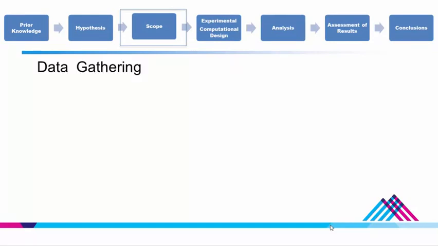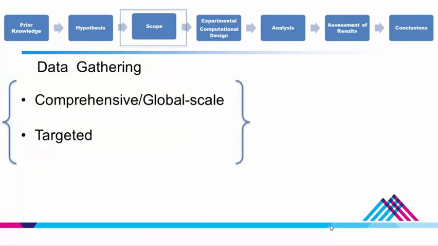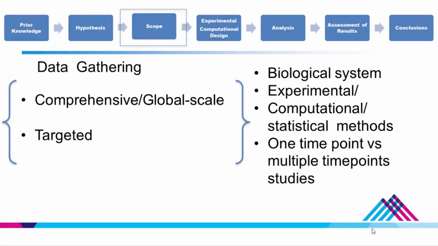Then we must decide on the scale of the data gathering: we can perform a comprehensive or global gene expression analysis, or we can be targeted, meaning that we may just choose a subset of genes that may be regulated by a specific pathway.